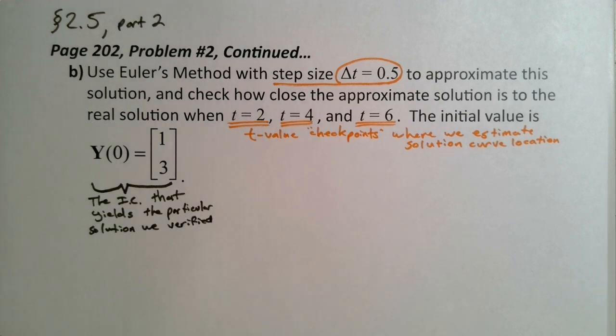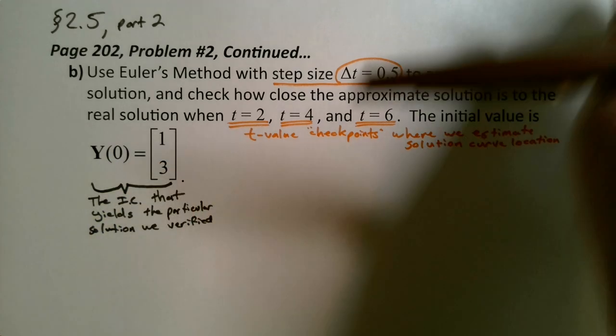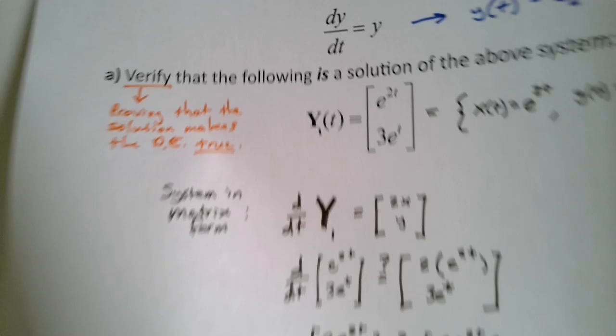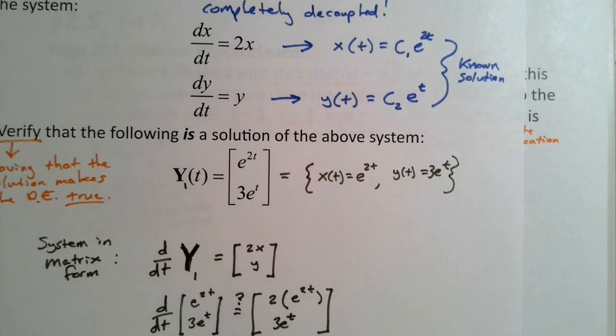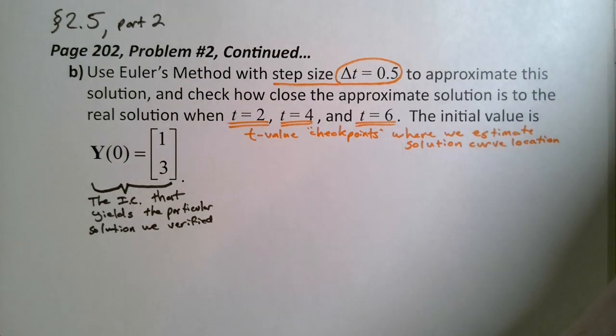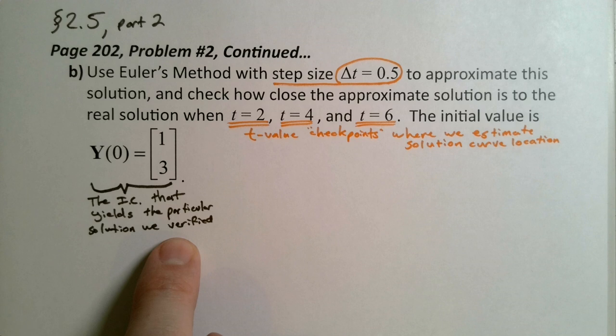Because if we start off when t equals 0 at an x value of 1 and a y value of 3, that leads to this solution right here. A quick check and you can see that that works out. So we're starting with the initial condition that should produce the particular solution that we already verified.